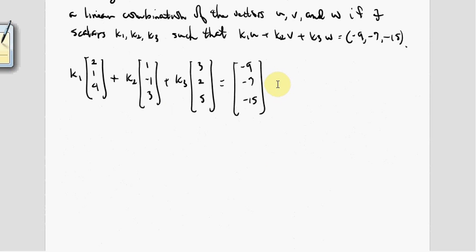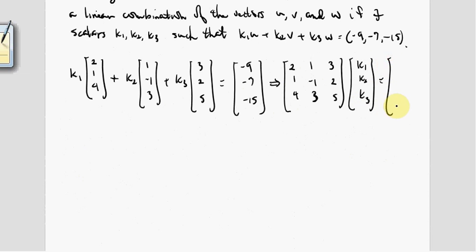I guess I can write it here. This is the same thing as the matrix with columns (2, 1, 4), (1, -1, 3), (3, 2, 5), times (K1, K2, K3) is equal to (-9, -7, -15). Are you with me? Okay, that's what it means. Let me write it out so you can see it.